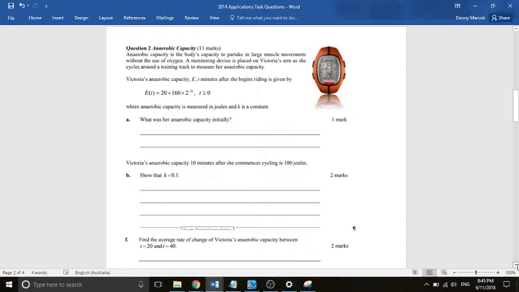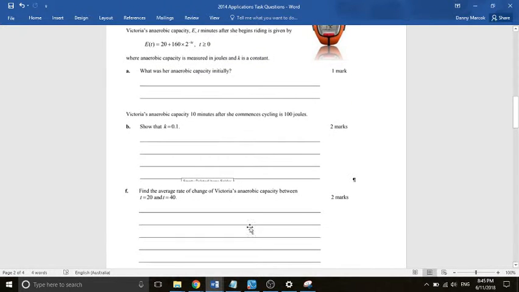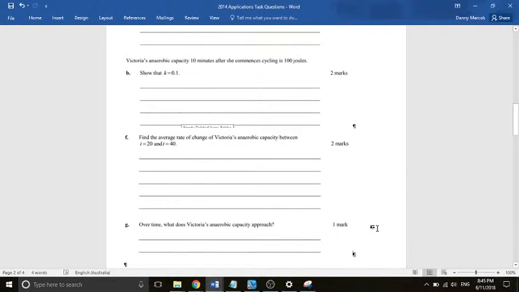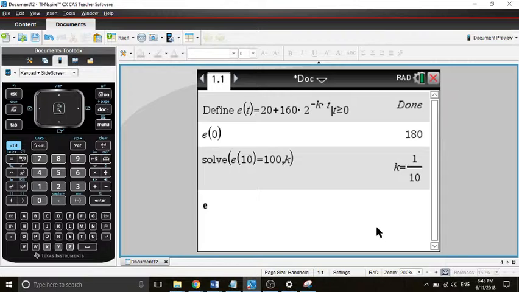Okay, from there we want to find the average rate of change of her anaerobic capacity between 20 and 40. So we'll say E of 40 minus E of 20 divided by 40 minus 20.